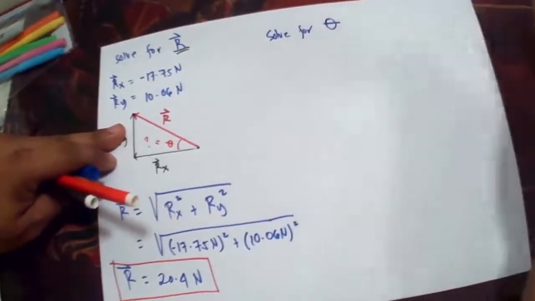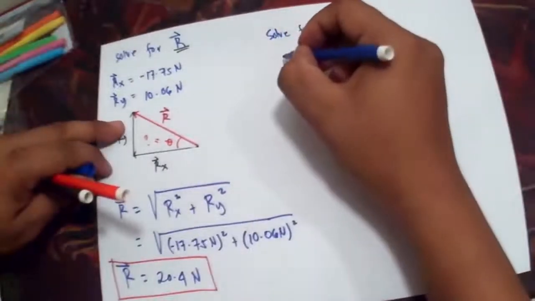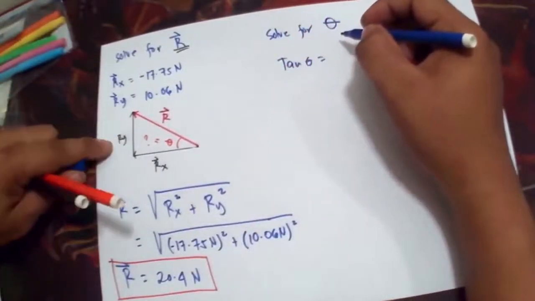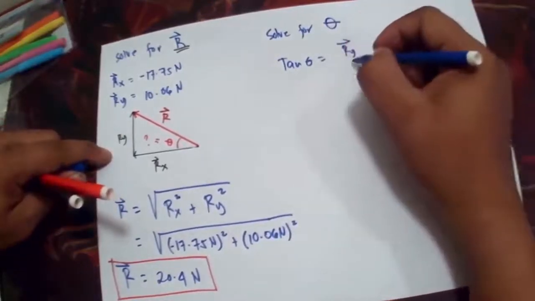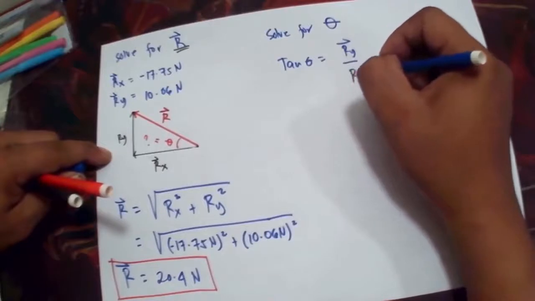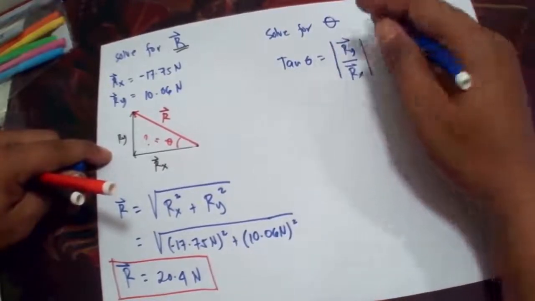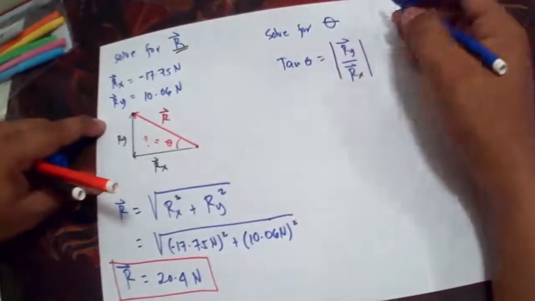We're going to use the tangent function because r sub y and r sub x are both given. So tangent theta is equal to the opposite, which is r sub y, over r sub x. These are absolute values, which means all values here are positive.